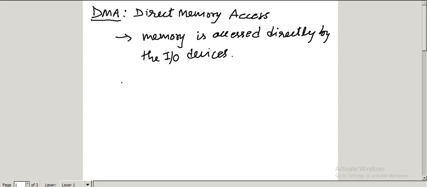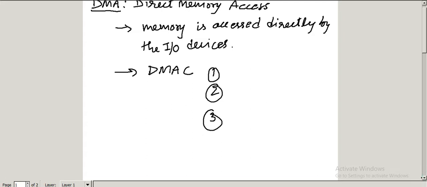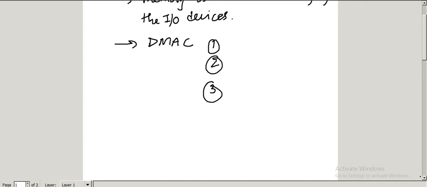So it is done through the DMA controller, right? DMA has a DMA controller, DMAC, direct memory access controller, and this controller has three parts. I will explain everything in the diagram also, but just to cover what is DMA and what the DMA controller contains: DMA has three registers.